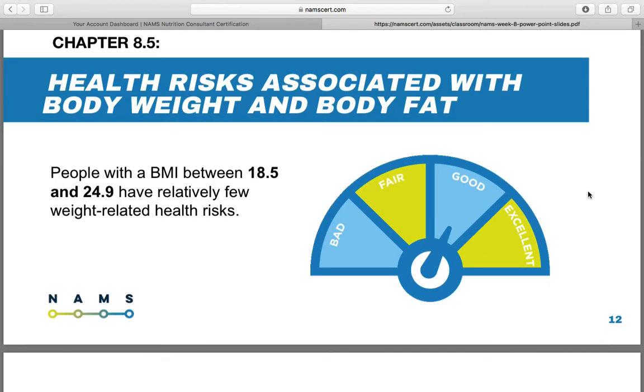People with a BMI between 18.5 and 24.9 have relatively few weight-related health risks. So that's the numbers you guys want to consider, that 18.5 to 24.9.